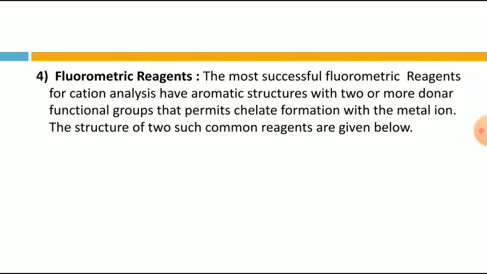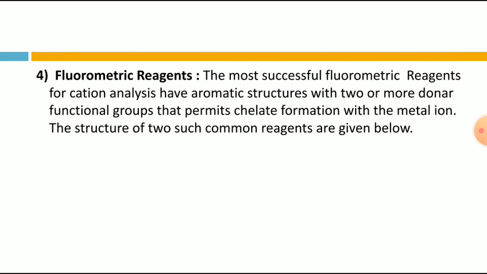Now the fourth one, fluorimetric reagents. That means some molecules, or you can say reagents, are also applicable in fluorimetry. The most successful fluorimetric reagents for cation analysis have aromatic structures with two or more donor functional groups that permit chelate formation with the metal. The structures of two such common reagents are given below.